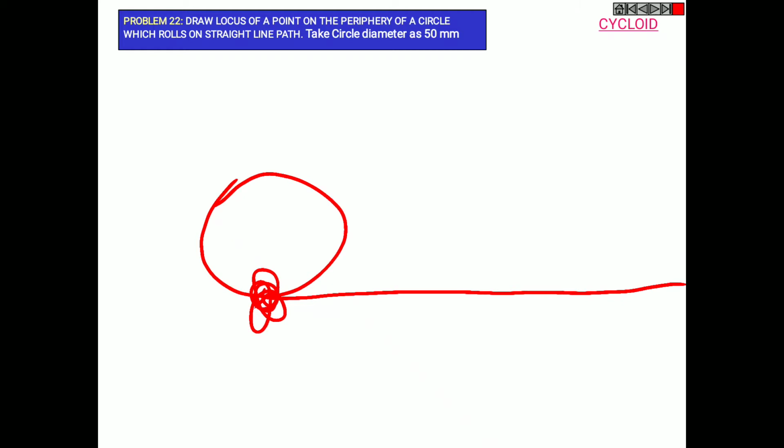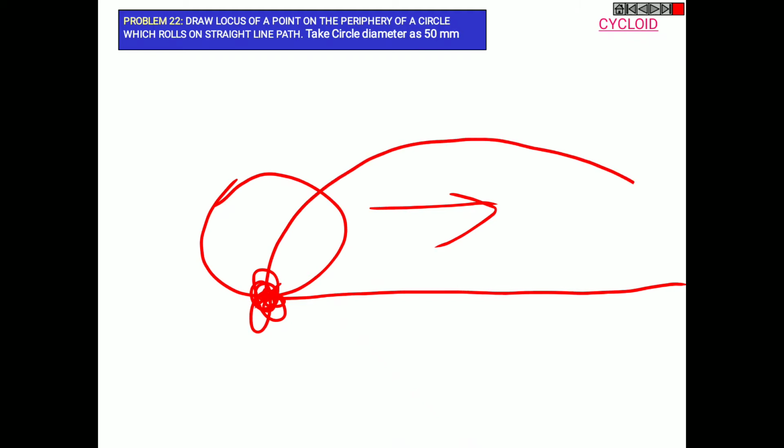If this circle rolls in this direction, how does the position of this point move? It looks in this order. So with this rolling of the circle, we see how the position of this point is changing. So we draw the locus of a point on the periphery of a circle which rolls on a straight line path, taking the circle diameter as 50 mm. Okay, we'll see the thing.